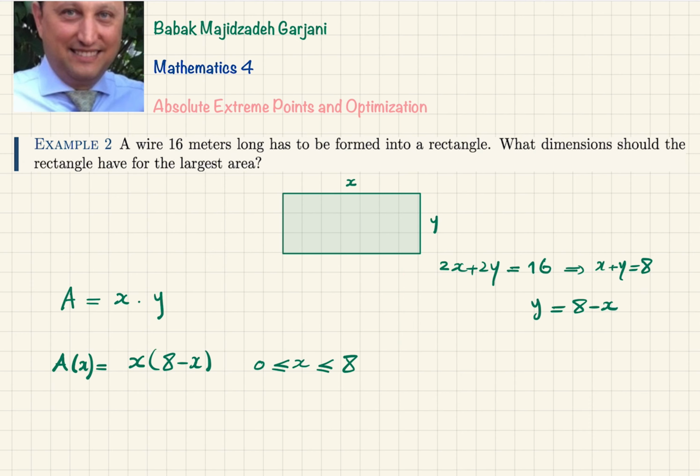If x is equal to 0, y is equal to 8, but intuitively it should be 16. I don't know why. Am I doing something wrong here? No, it seems everything is correct.